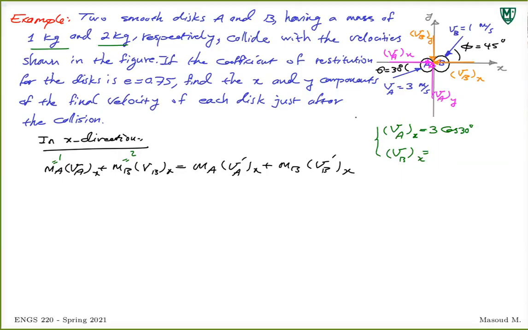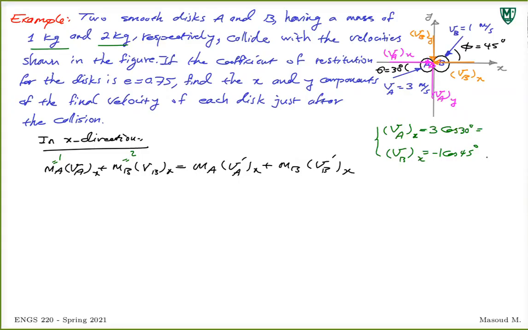VBx, what is that one? Again, remember these equations are all derived for A, B velocities in positive direction before the impact, right? So that's important. That's exactly, thank you. That's minus 1 cosine 45 degrees, cosine phi there.